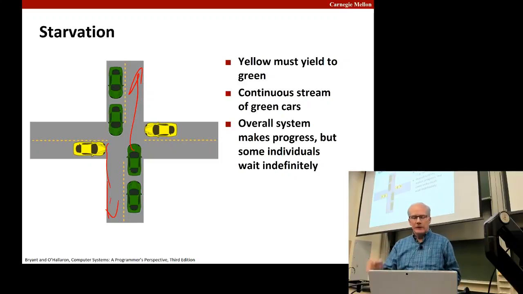Back when I used to fly, for a while, the pilots and the flight attendants got to jump into the line in security ahead of regular people, which really was irritating. Because if you're waiting in line, as you know, you don't want to wait any longer. So that's an instance, and if there were an unbounded number of flight attendants, the rest of us could have been starved in the security line.